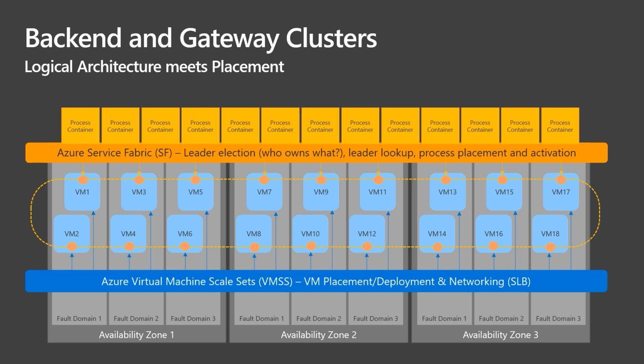And VMSS is now responsible, per the policy we give it, to make sure that those machines are placed across those availability zones and across those fault domains, such that if some individual machine fails, if a rack fails, if a networking device fails, if an entire data center gets destroyed, there's still enough capacity there, and we maintain SLA while that happens.